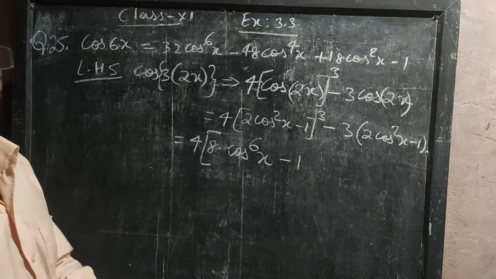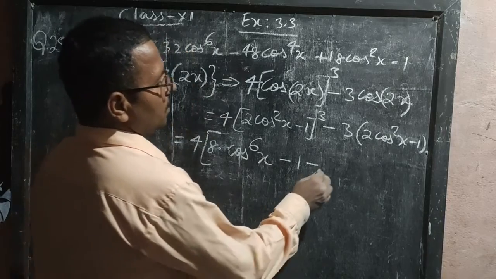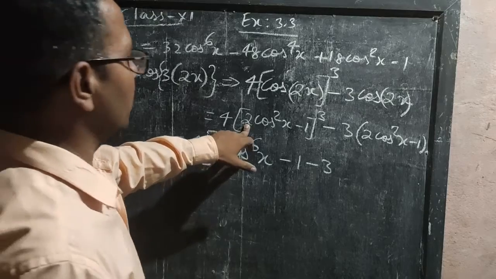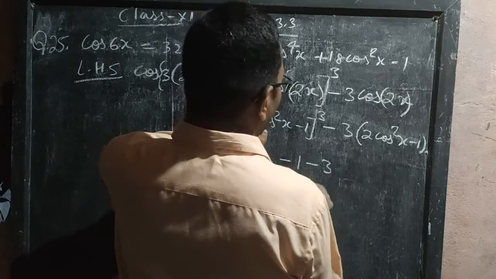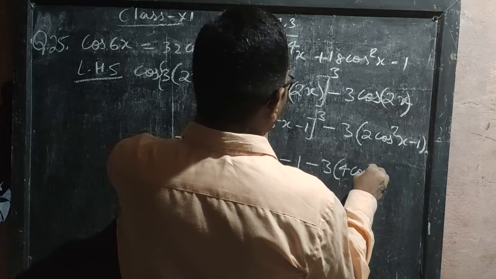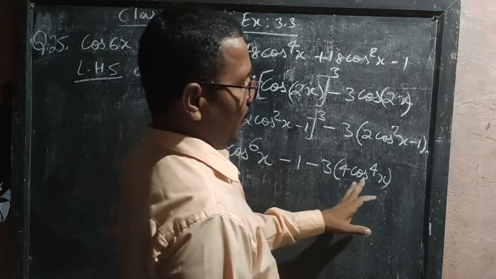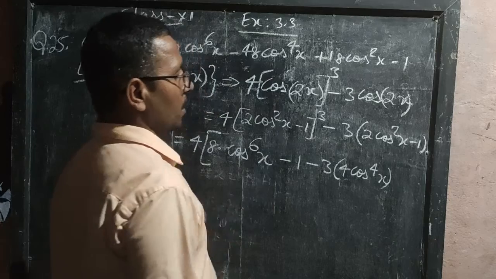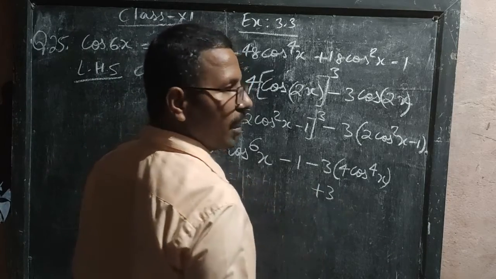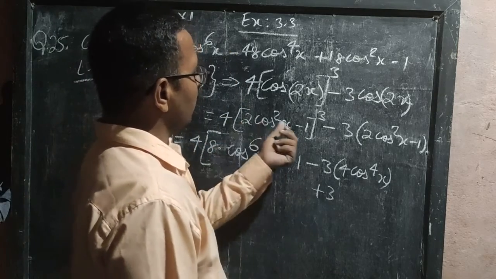Minus 3a square b, just do the multiplication. Make the square of these things, so you will get 4 cos to the power 4x. Minus a square b, with b being 1 only. And plus 3ab square, where b square means 1 square, that is 1.